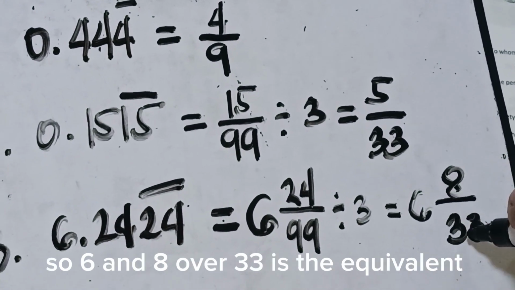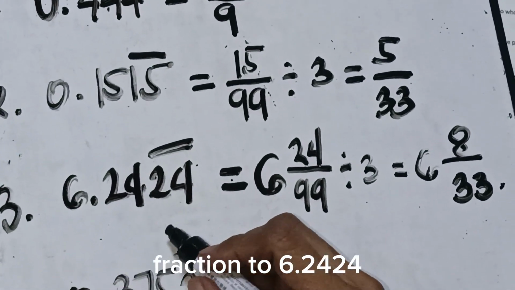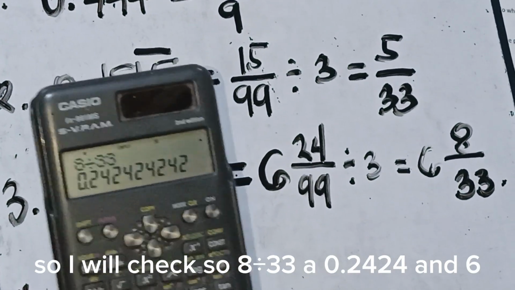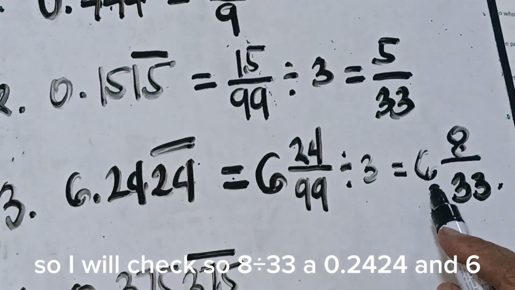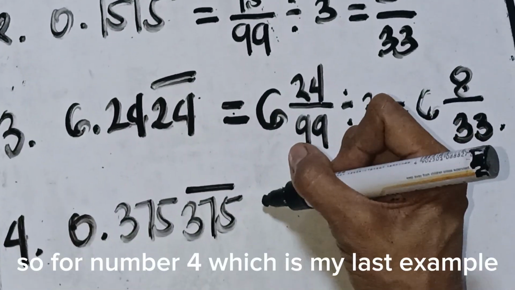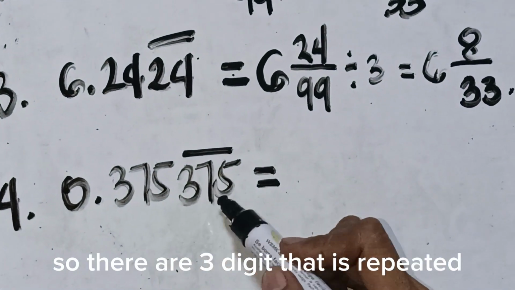So 6 and 8 over 33 is the equivalent fraction to 6.2424. I will check. So 8 divided by 33 is 0.2424 plus 6. So that is 6.2424.